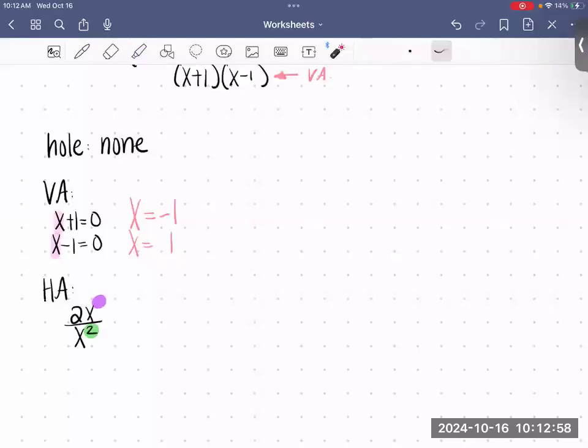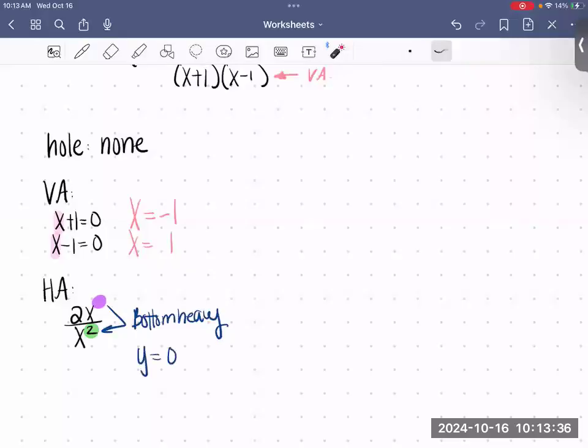If your degrees match, so let's say this one was a 2 and this one was a 2, so they have the same degree, then your horizontal asymptote would be the ratio of your leading coefficients. If they are bottom heavy, so more degree is down below, then we are looking at y equals 0. So we'll notice that here we are bottom heavy. Our degree down below is more than the degree above. Therefore, we have a horizontal asymptote at y equals 0.